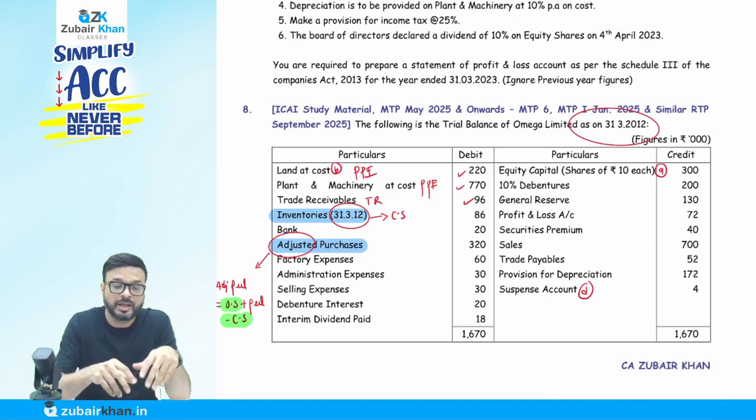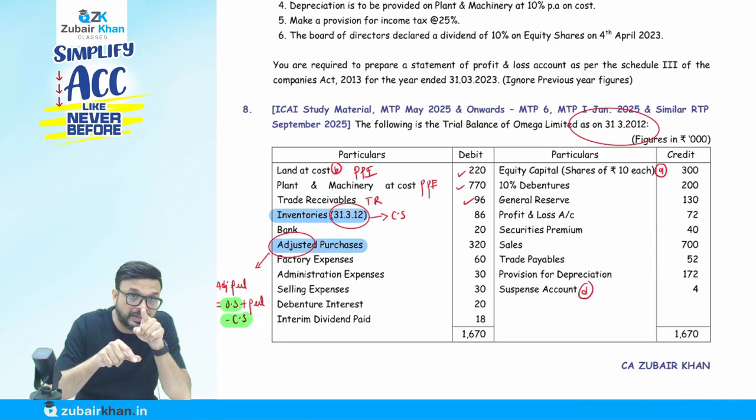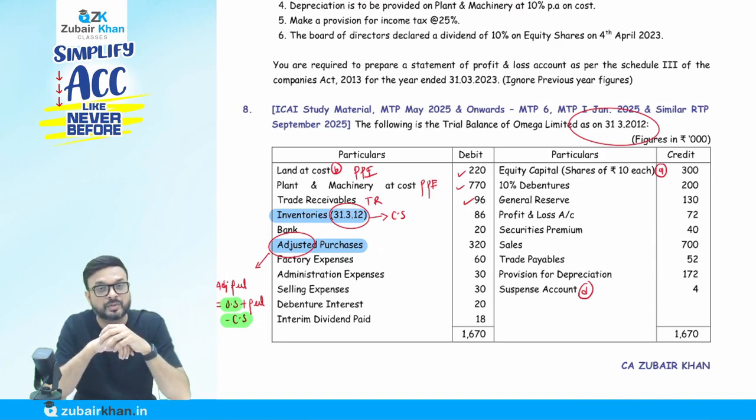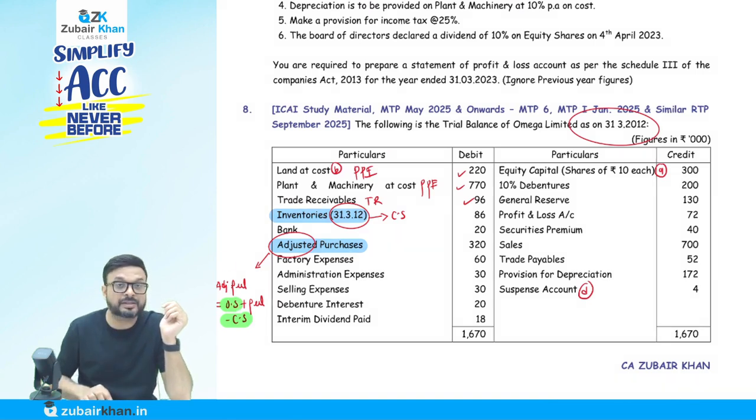Why am I saying the change in inventory is already adjusted? Because they have given the adjusted purchase, that is opening plus purchase minus closing, so opening minus closing is already adjusted in this adjusted purchase amount.